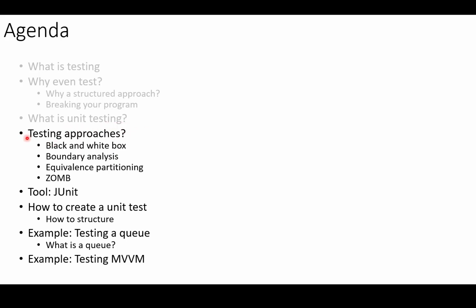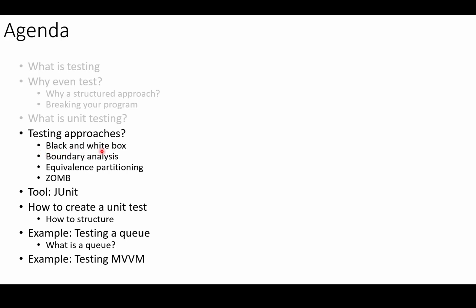And you saw that I had a bunch of methods in my unit test class, and I have arrived at those methods using these theoretical approaches on how to write or define the test cases. So we have the black and white box, which are two schools of testing that you just need to know about.